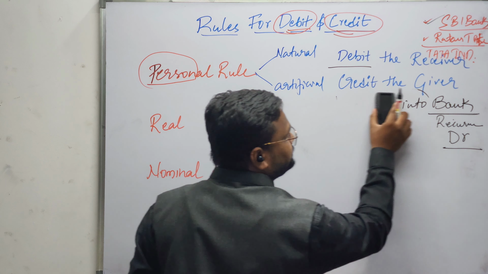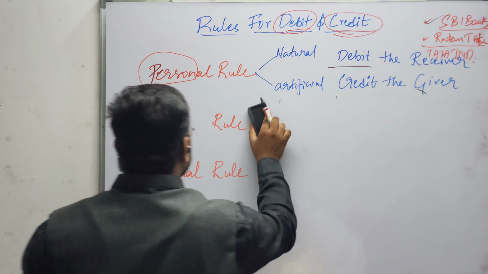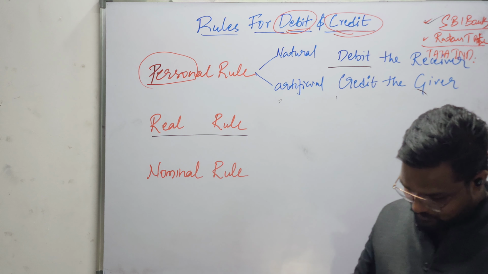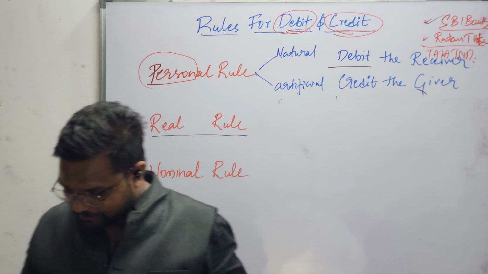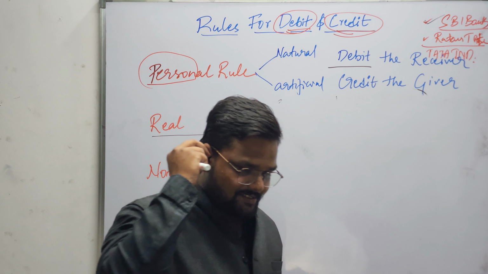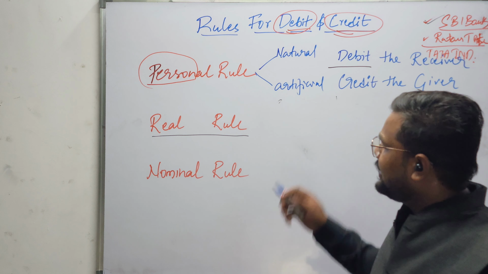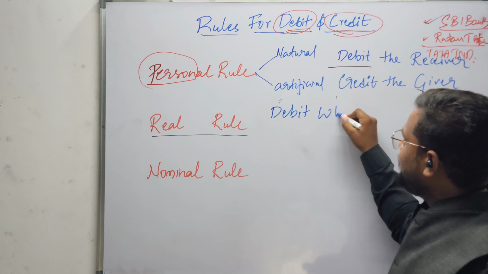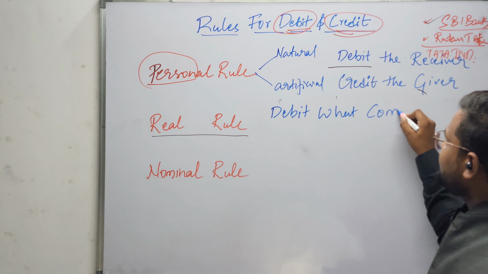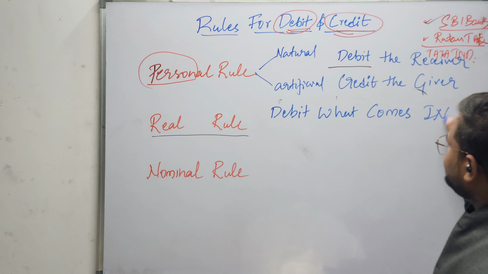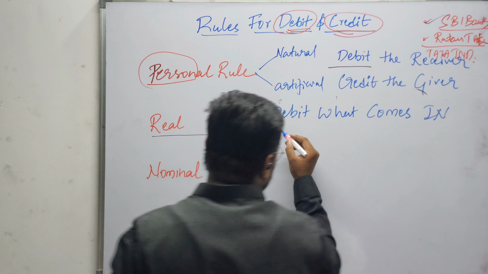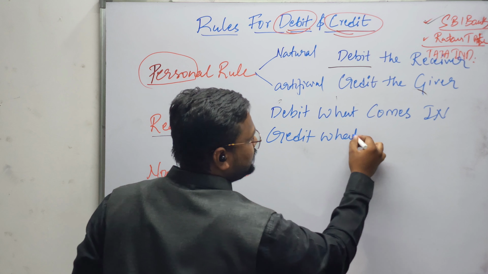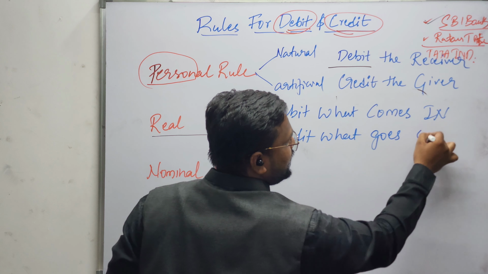Coming to the next one, that is a real account. What is that? Real account principles are: debit what comes in and credit what goes out.